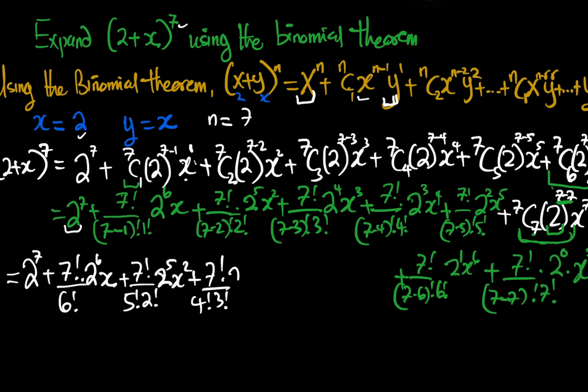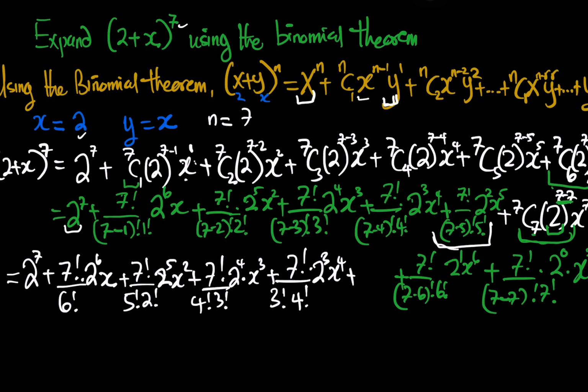You have 2 to the power 4 multiplied by x cubed, plus 7 factorial divided by 3 factorial multiplied by 4 factorial, multiplying by 2 to the power 3 x to the power of 4.